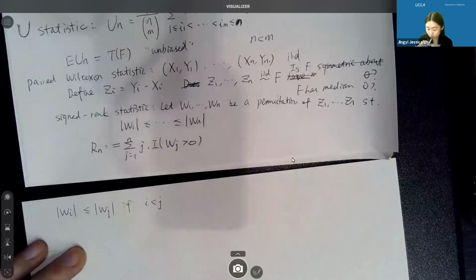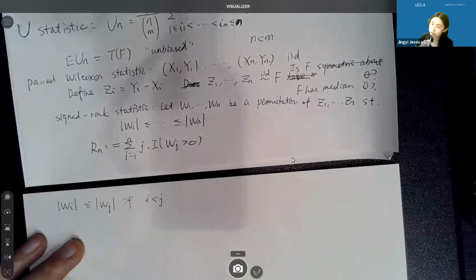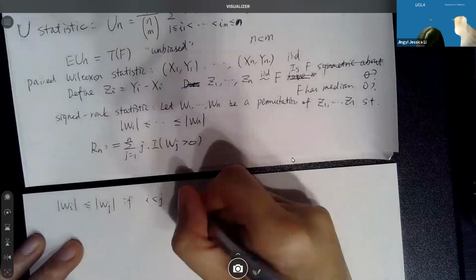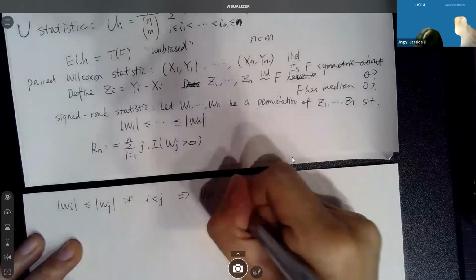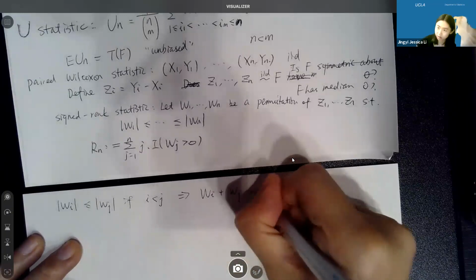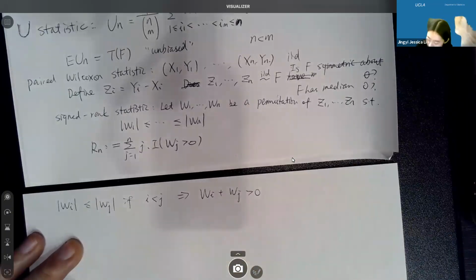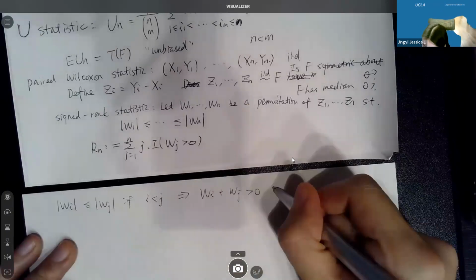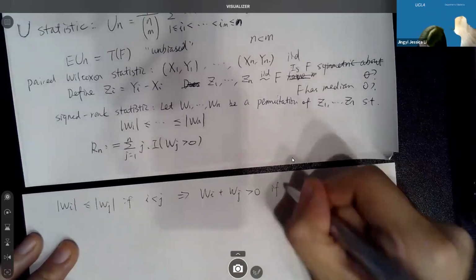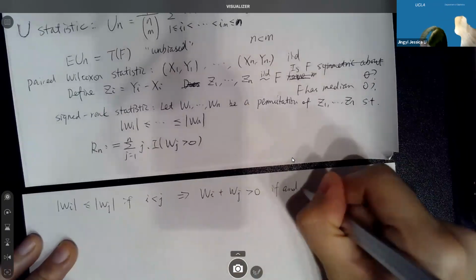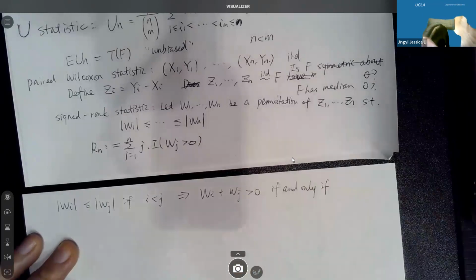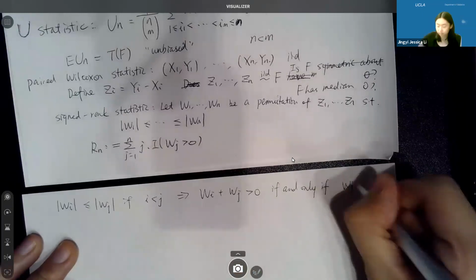So we have this order. And so therefore, if i is before j, what can you tell me? Wi plus Wj is greater than 0 if and only if Wj is positive, right?